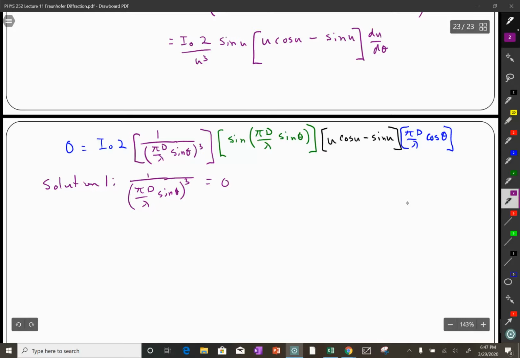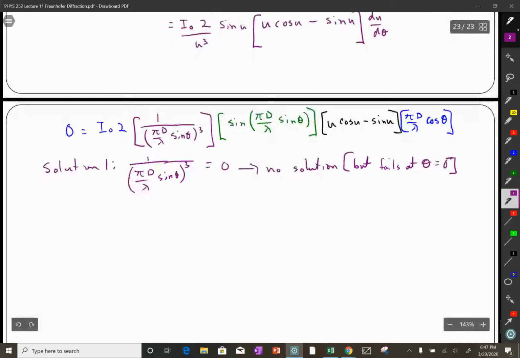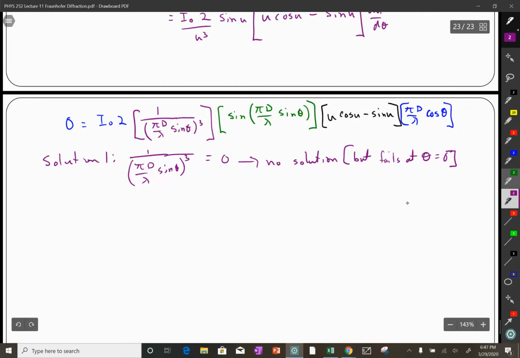That would require sine theta being infinite, which can't happen. So there's no solution there. But it rules out theta equals 0 degrees, or theta equal to 0 radians, because we have 1 over 0, we have no solution there. Okay, going to the next one.